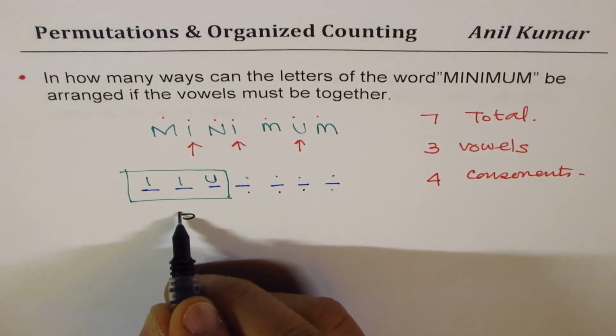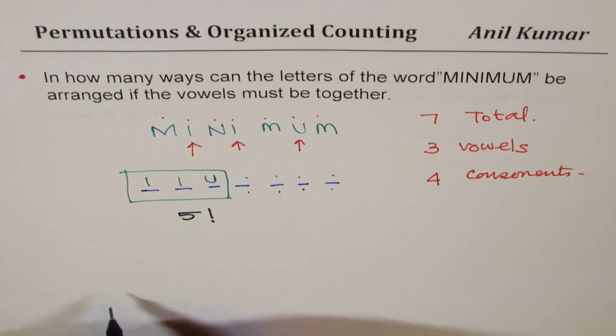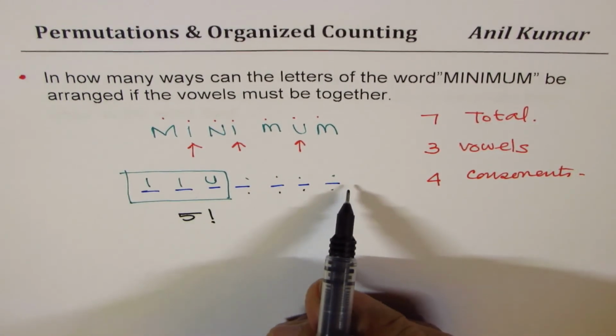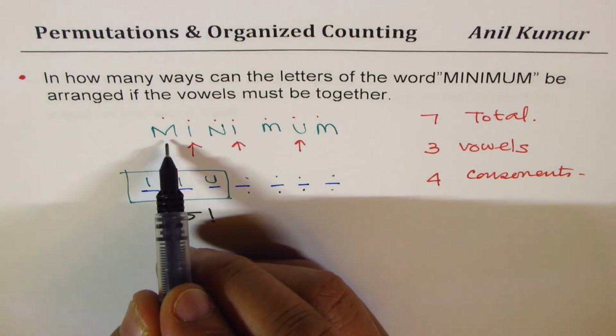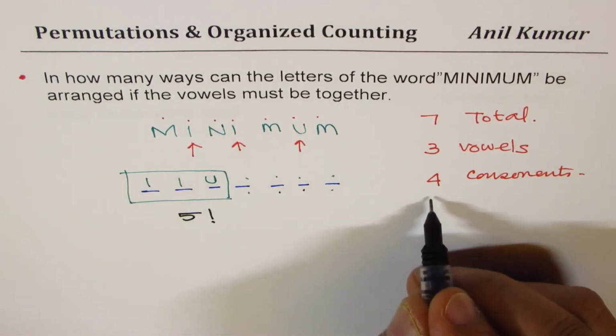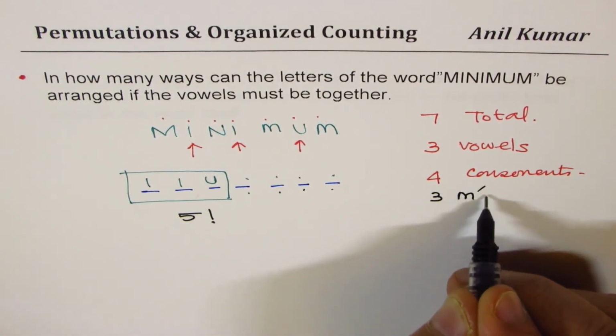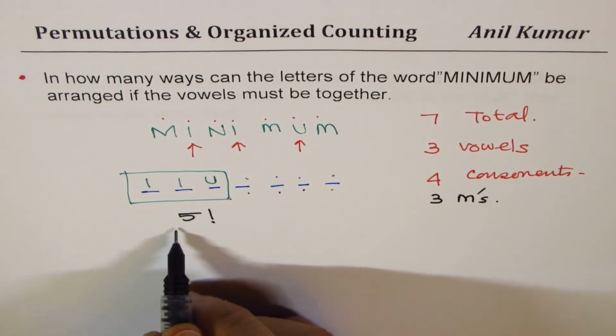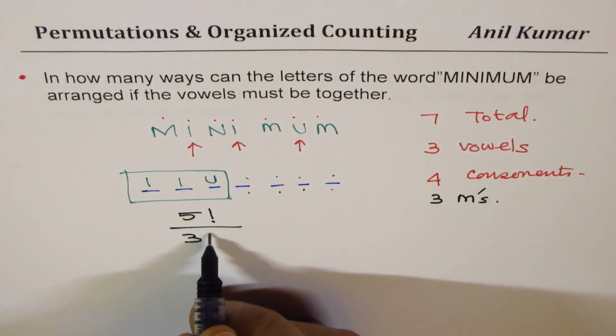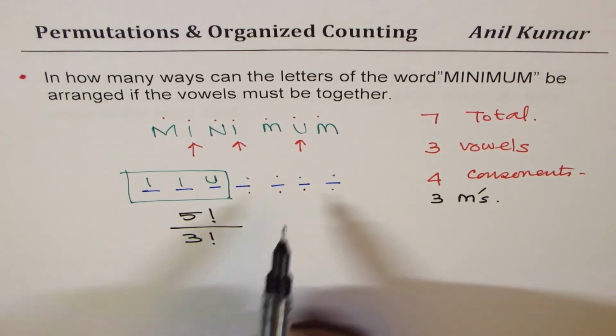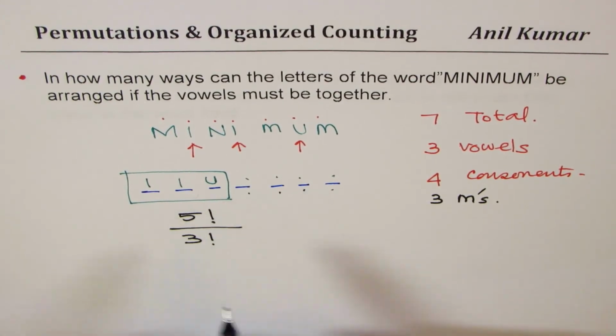So that gives us 5 factorial ways. Now out of these 5 positions, we have 3 M's. Do you see that? We have 3 M's. So since they are repeated, we'll divide this by 3 factorial, since those will be same kind.